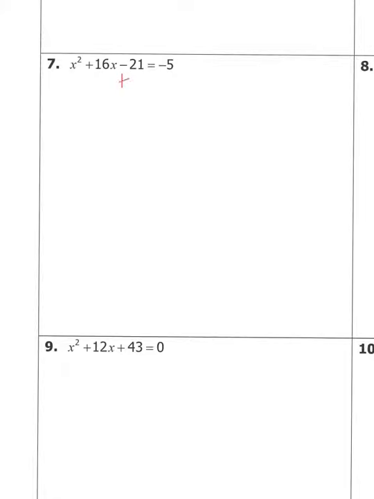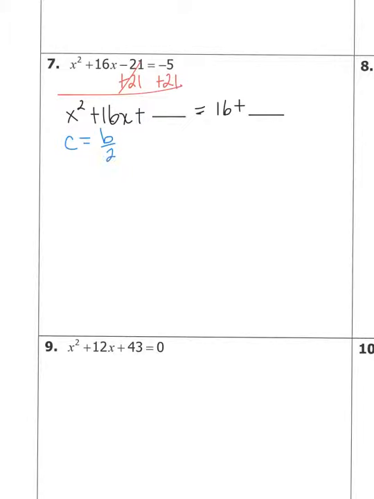Okay, so I want to get rid of this constant, so I'm going to add it to both sides. I'm going to put in my plus blanks because I'm going to complete the square. Then to complete the square, we're going to use b over 2 squared.